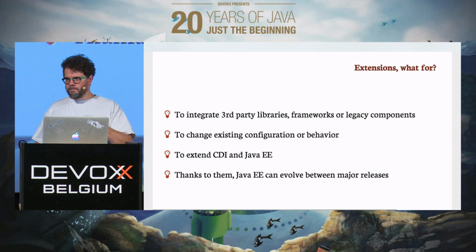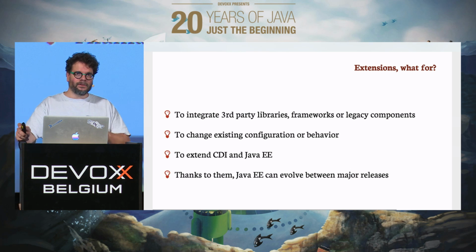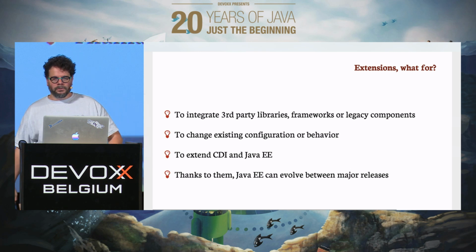So the often-said criticism of Java EE, saying okay, we have to wait 5 years between two major releases, is now less true than it was, because you have this CDI extension point that allows you to add business stuff or new features to your Java EE server.